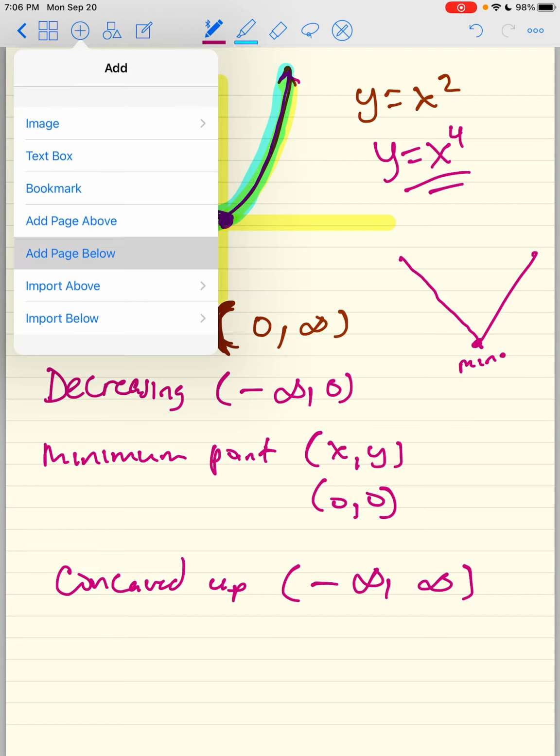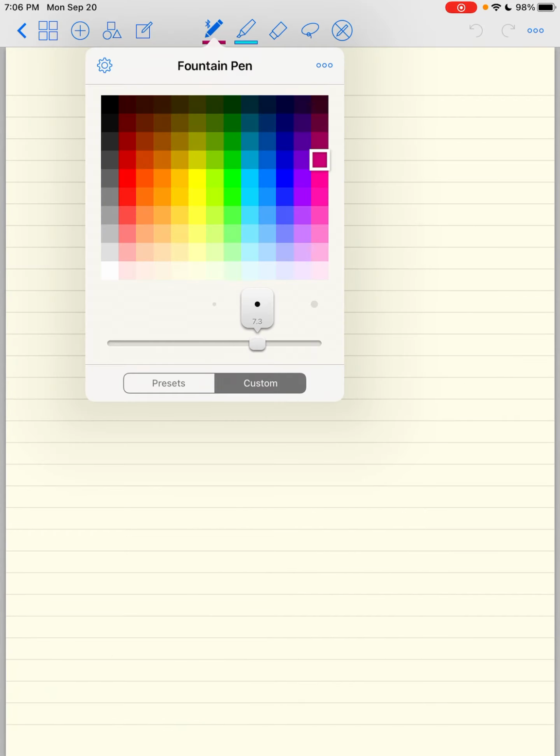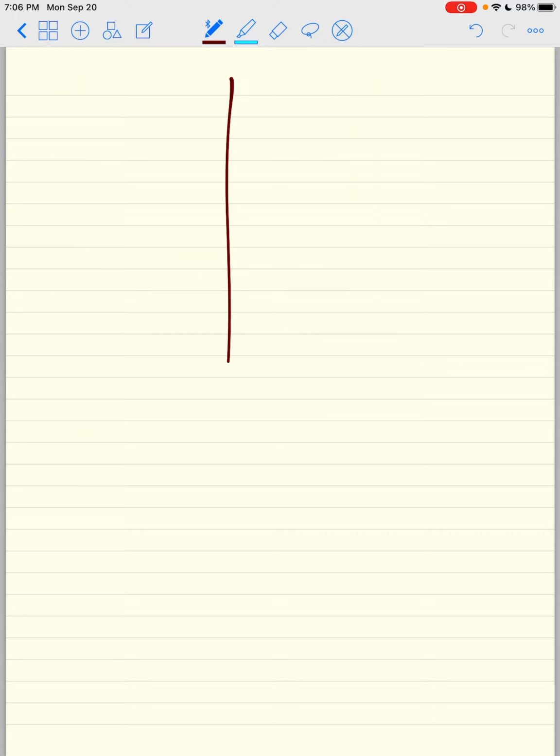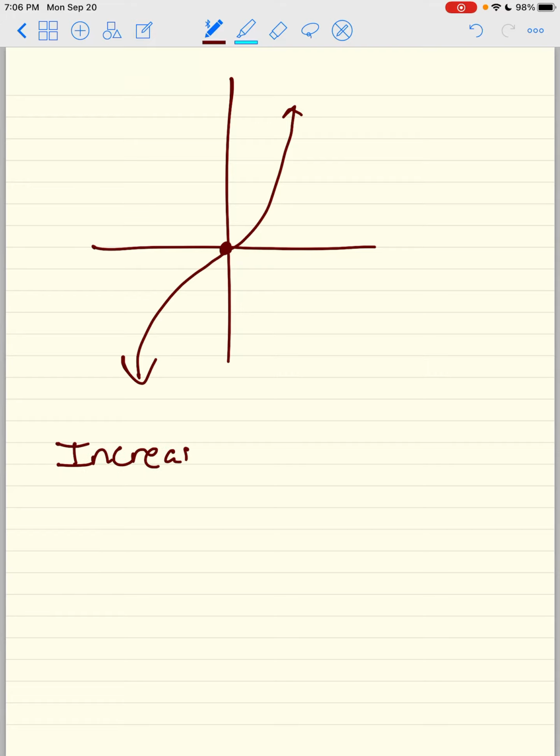And here's my last part to this video. X to the third and x to the fifth look like this. Okay? So, where is the function, if any, increasing, and where is it decreasing?